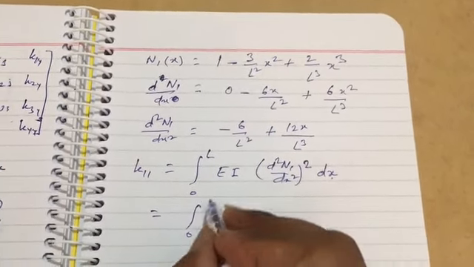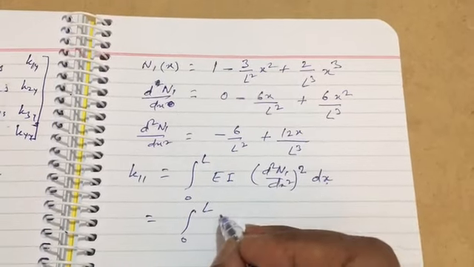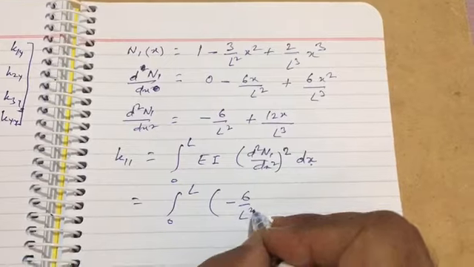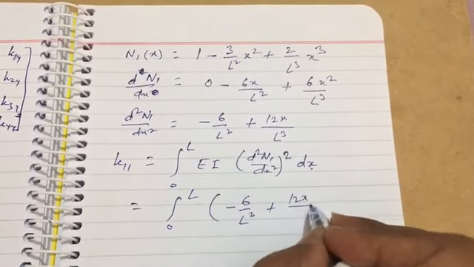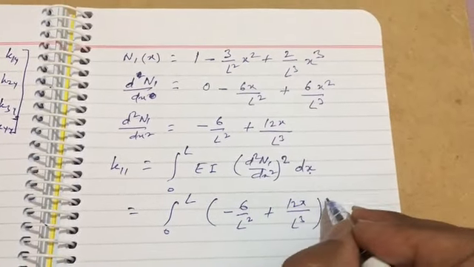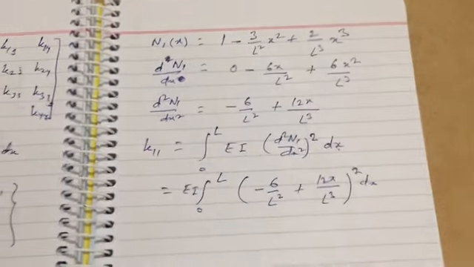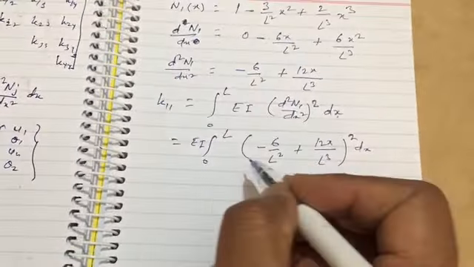So we have the integral from 0 to L of minus 6 over L square plus 12x over L cube, squared, dx. We put EI outside the integral.